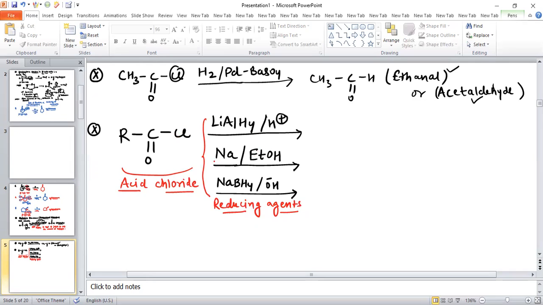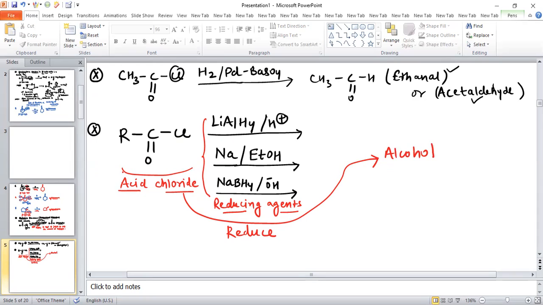When all these reagents are used, this acid chloride will be reduced directly into alcohol.